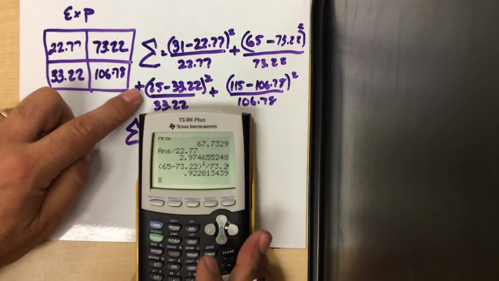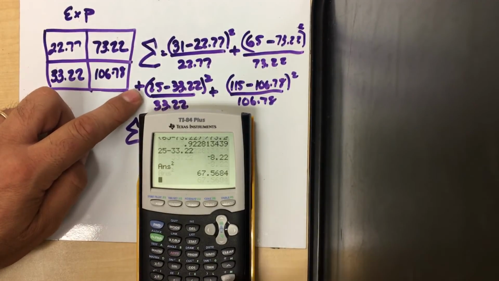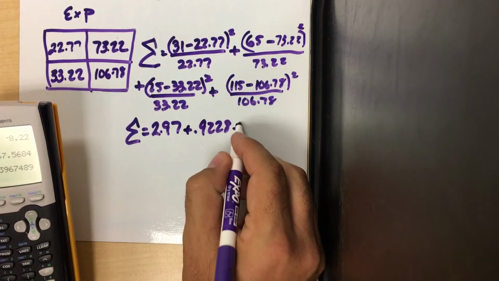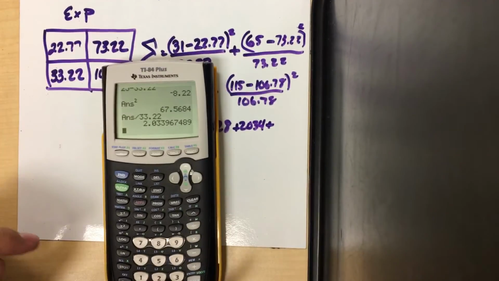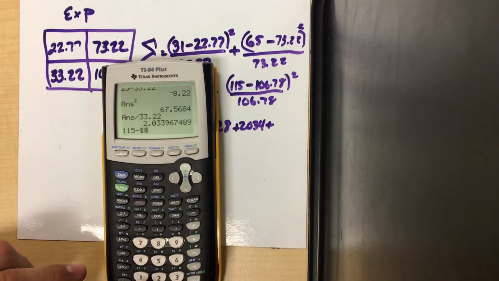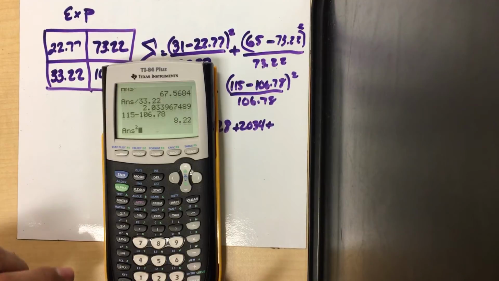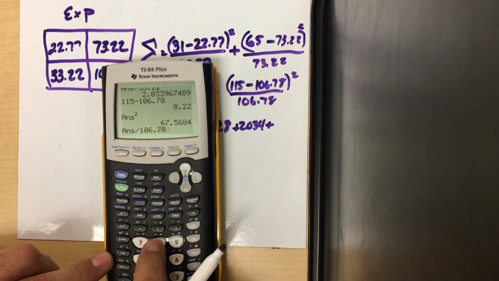We'll do the next one. 25 minus 33.22. Square that and divide that by 33.22. And I get 2.034. And then the last one, 115 minus 106.78. We'll square that and divide that by 106.78.